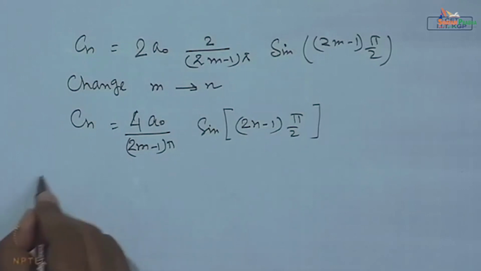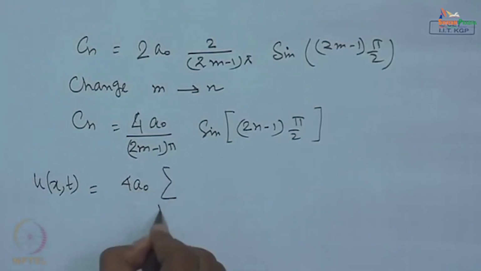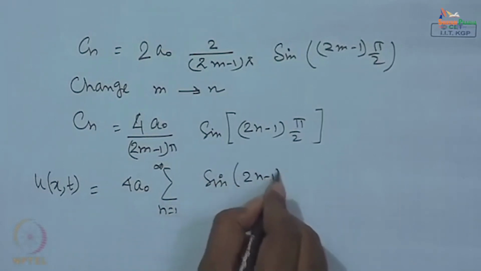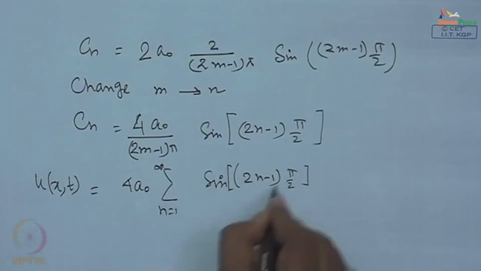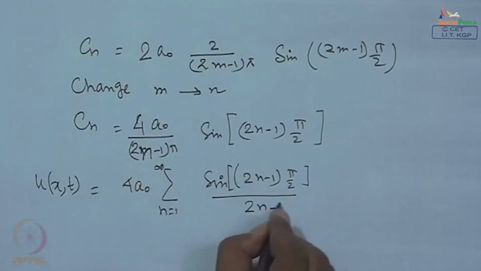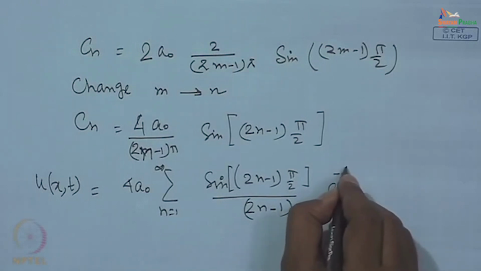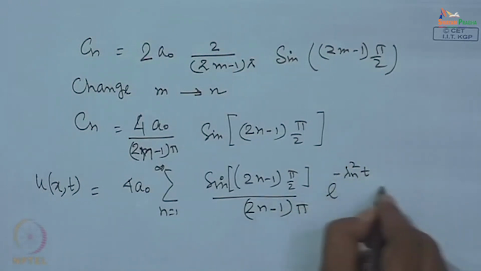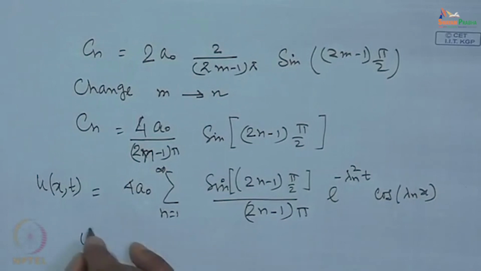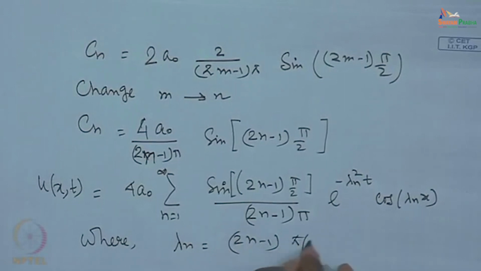So, you will be getting the complete solution: u as a function of x and t is 4 a naught times the summation from n equal to 1 to infinity of sin 2 n minus 1 pi by 2 divided by 2 n minus 1 times pi, e to the power minus lambda n square t, cosine lambda n x, where lambda n is 2 n minus 1 pi by 2.